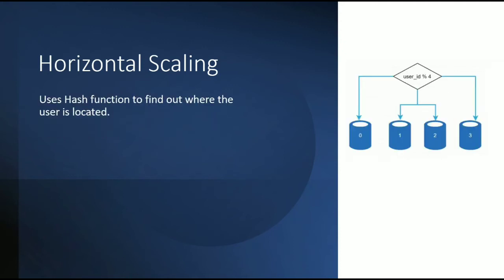Suppose you have a user table and we have 4 shards, so that user table will be spread across your 4 shards. Now whenever a new request for saving a new user comes, you will use a hash function on your user ID.